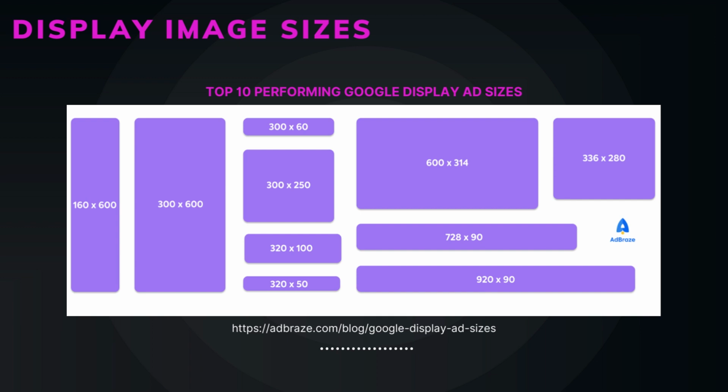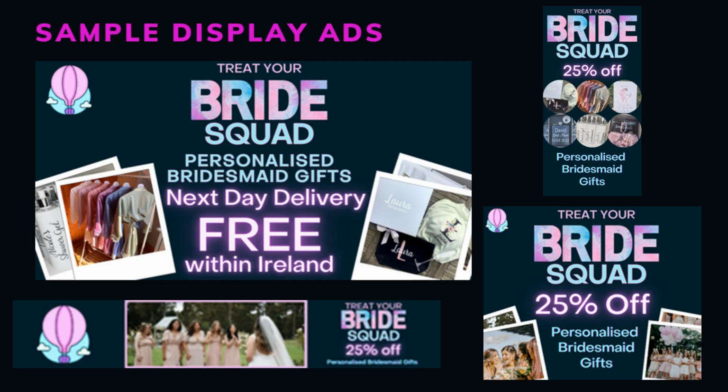So you could test and see what images are working, what visual assets are working in ads, and set up all these different ad groups with various visual assets and eliminate the ones that aren't working. And this is just a look at some of the image sizes I would have opted for, but I did include maybe 8 to 9 image sizes in each ad group.